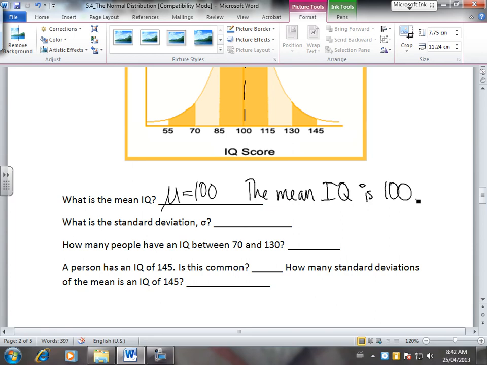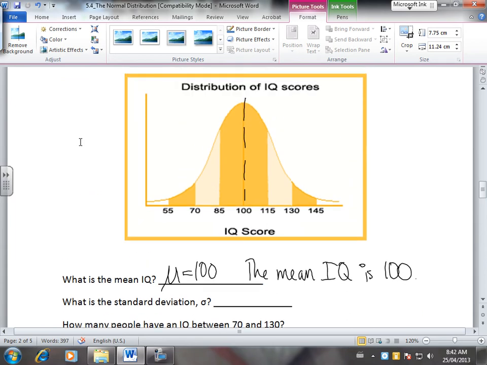Okay, what is the standard deviation, or sigma? I have to look, and it naturally breaks it down, so I have these natural color barriers to show me where my standard deviations fall.